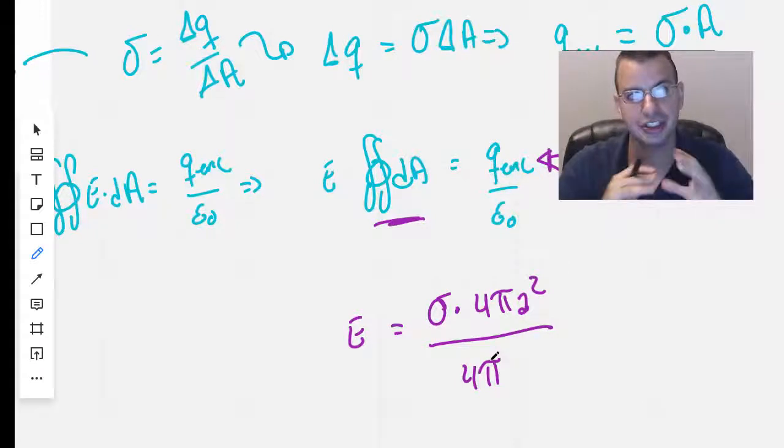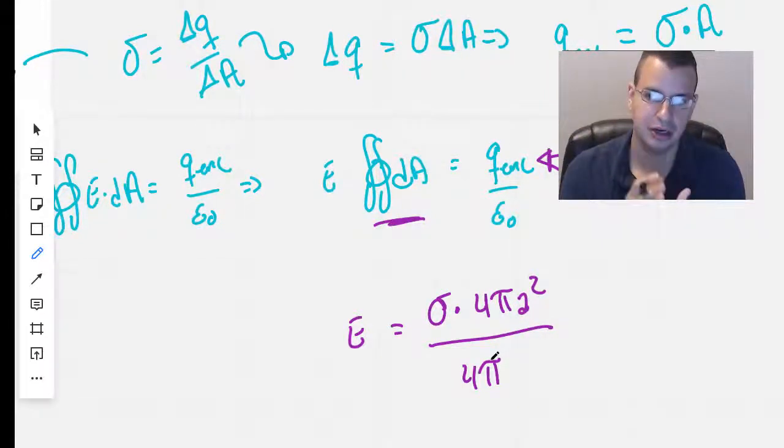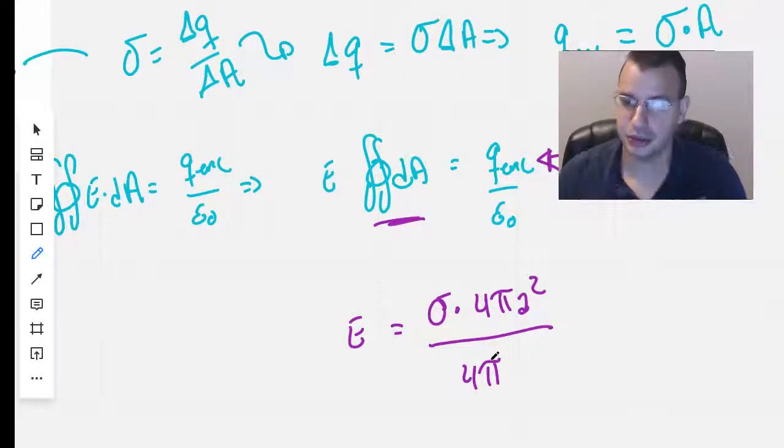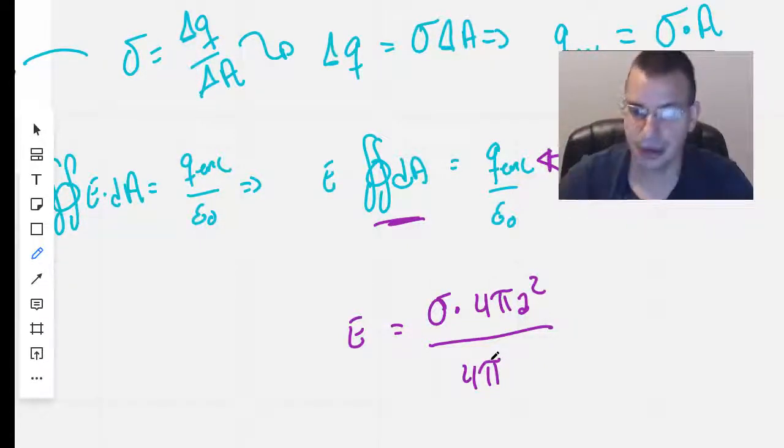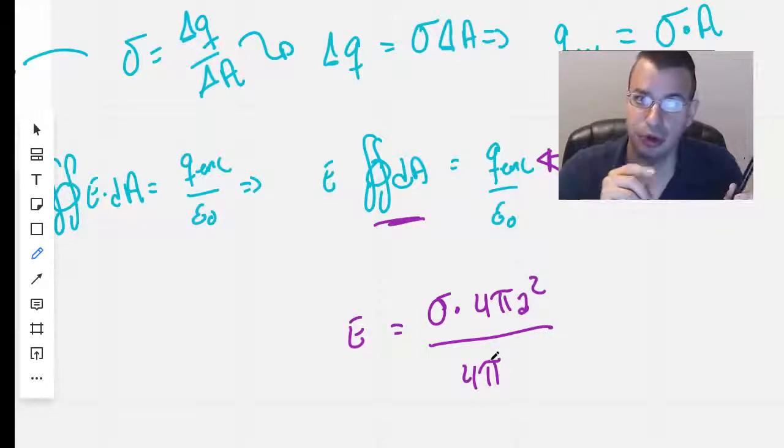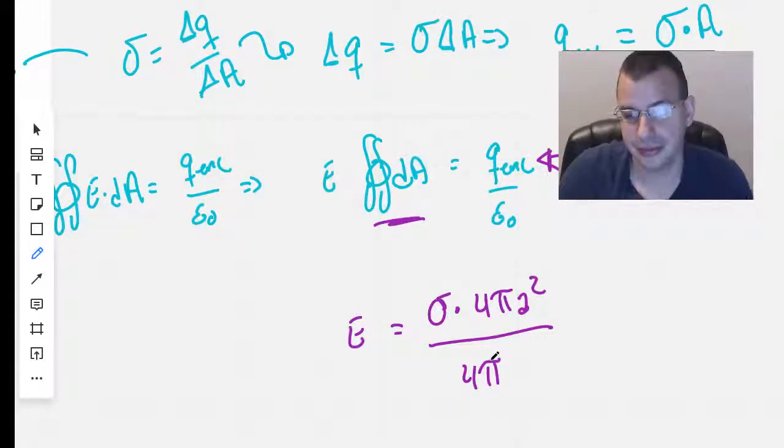We just want to choose a Gaussian sphere so that the electric field is either parallel or perpendicular to the area at every point. So the easiest way to do that in this case is to choose the same Gaussian shape that we're trying to find the electric field for. The same shape as our shell should be the same shape for a Gaussian sphere in this case.